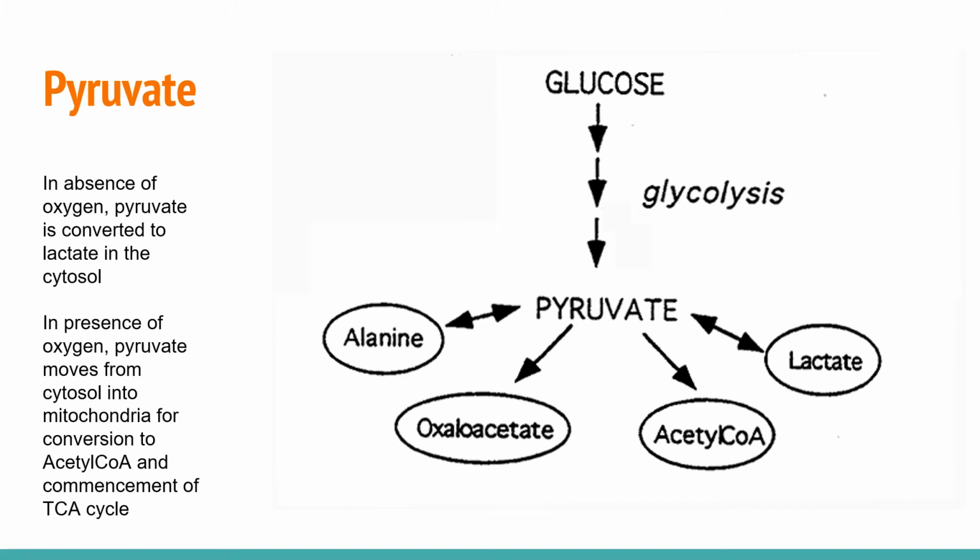So it's important to know that we can make it from pyruvate. And then in some cases, this is a transamination process: if we don't really need pyruvate, if we don't need to make a lot of energy, or if we have enough energy, we can use pyruvate to make the amino acid alanine.